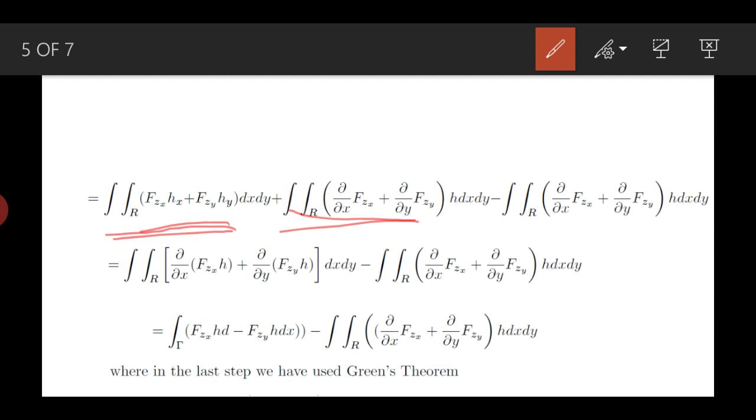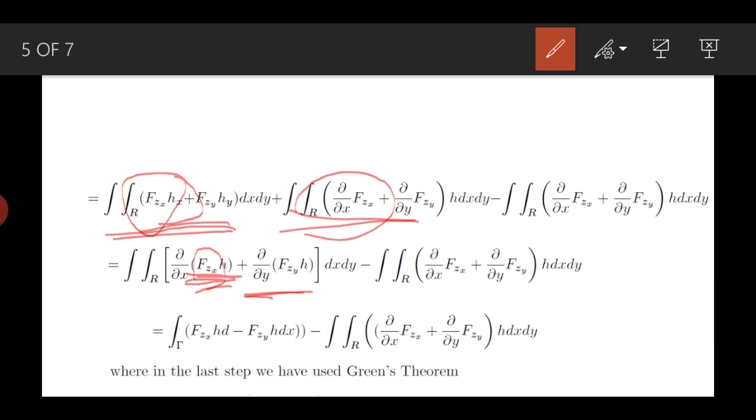We can write it as the double integral of del by del x of the function f sub z_x times h, which equals, first, the derivative of the first function times h, which is the following term, plus the second term of the product rule, which is this one.